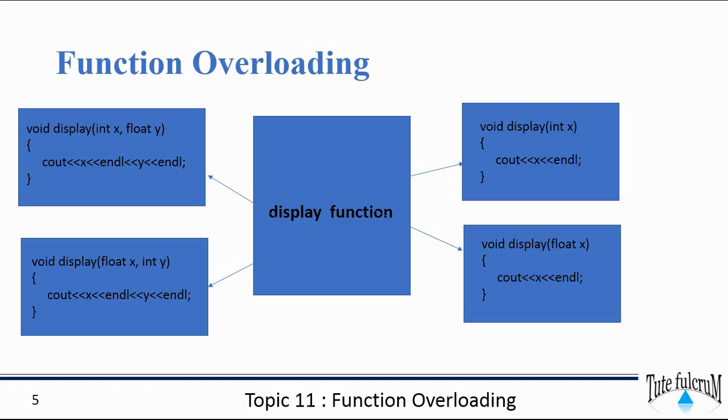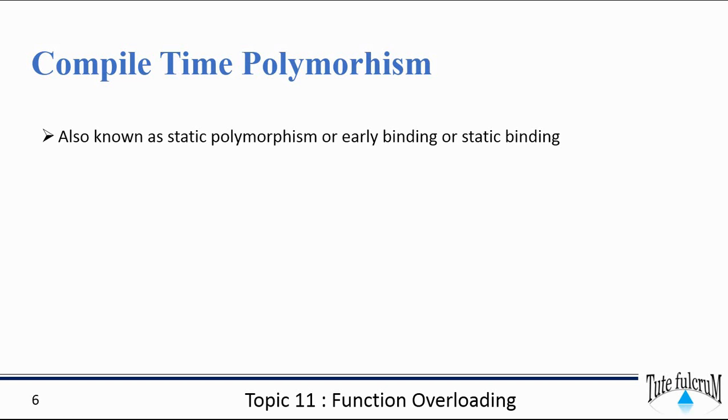Now, why compile-time polymorphism? Compile-time polymorphism is also known as static polymorphism, early binding, or static binding. It is achieved by function overloading. We have one more example of compile-time polymorphism in C++, which is operator overloading, which we will see in the coming sessions.